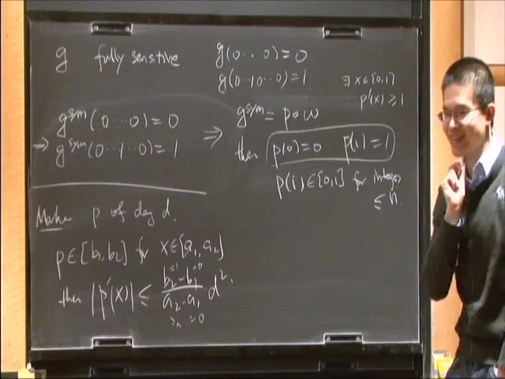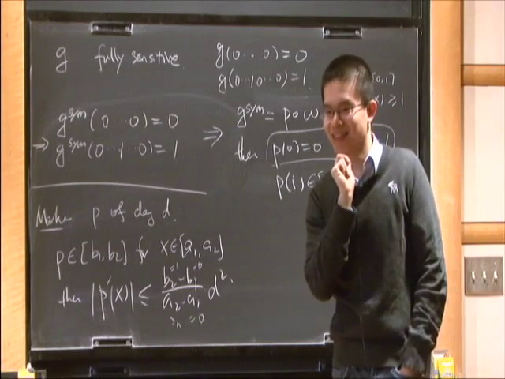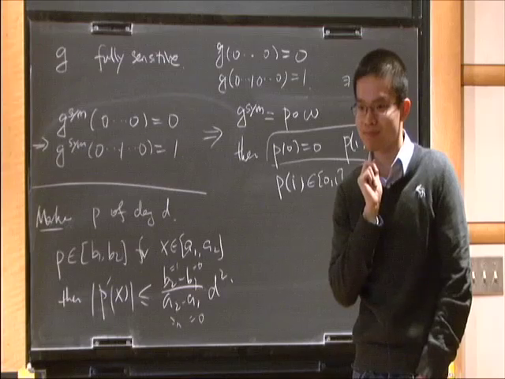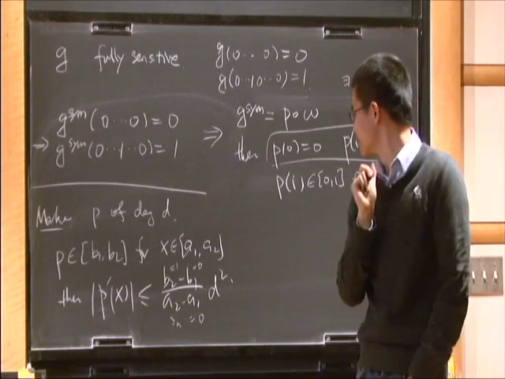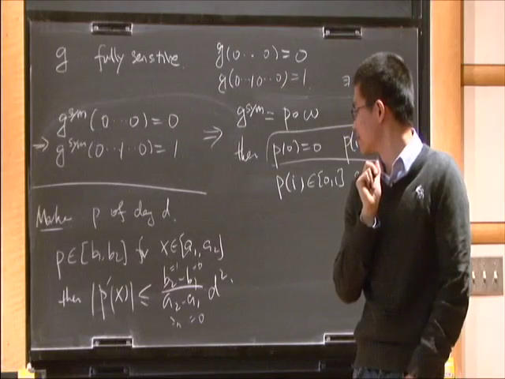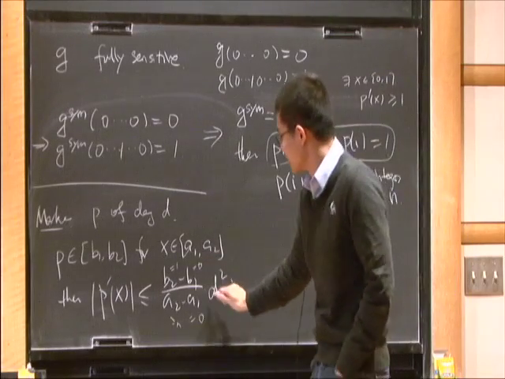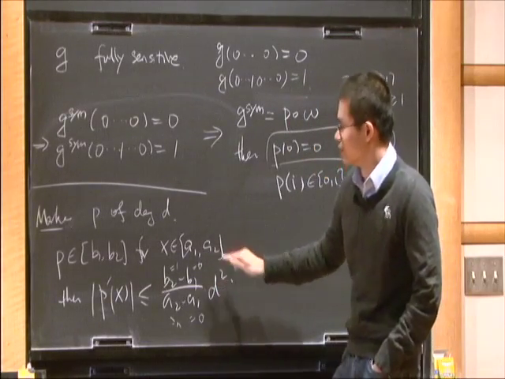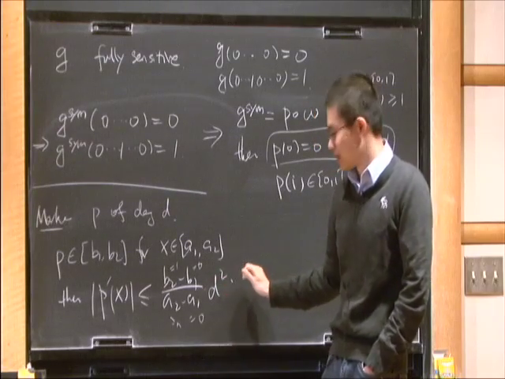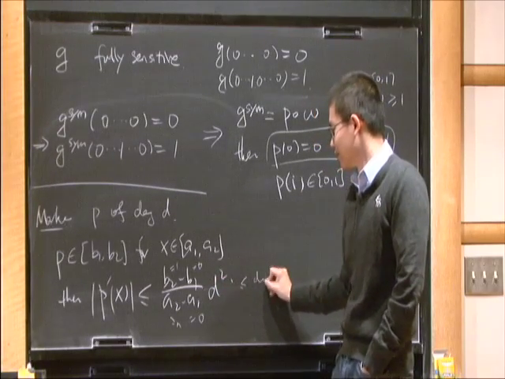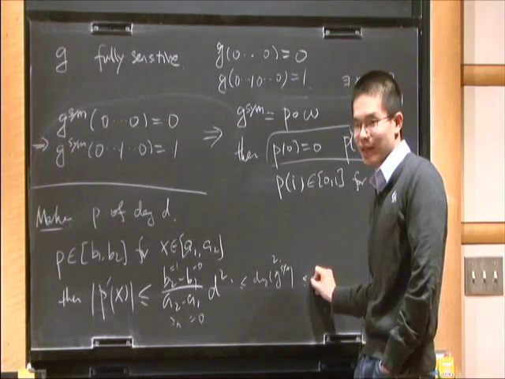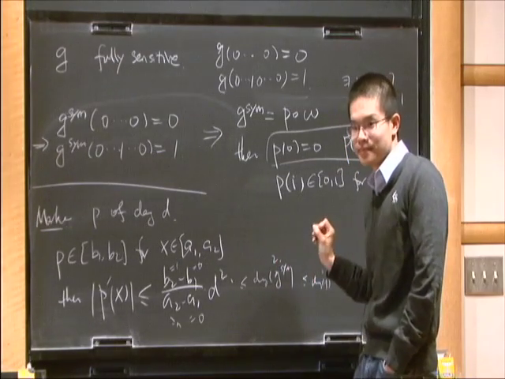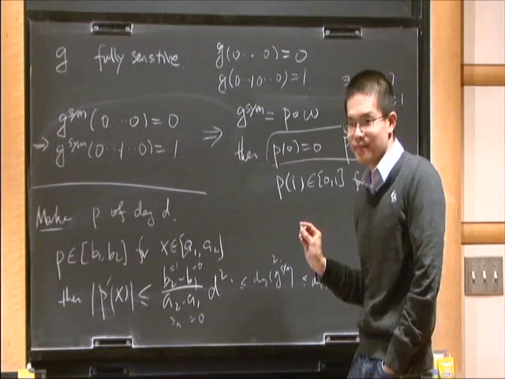Yeah, you're going to say this. But we know that g sim is low degree and g sim is equal to p composed with W. But we still need to show that p itself is low degree, right? Oh, so here I proved it actually for the degree of p, right? So this is bounded by the degree of g sim squared, also bounded by the degree of f squared.